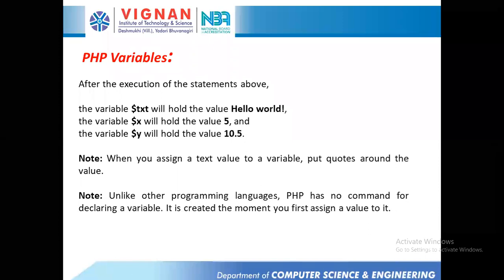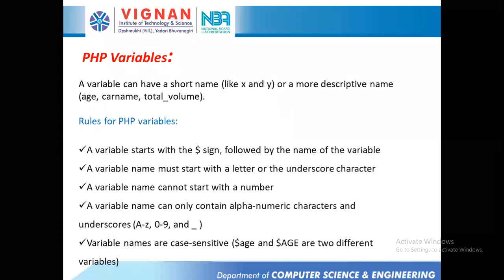Okay. Next, what are the conventions, the rules, for creating variables in PHP? First, start with the $ sign followed by the name of the variable. Next, the name must start with a letter or the underscore, as usually in C, C++ and Java.